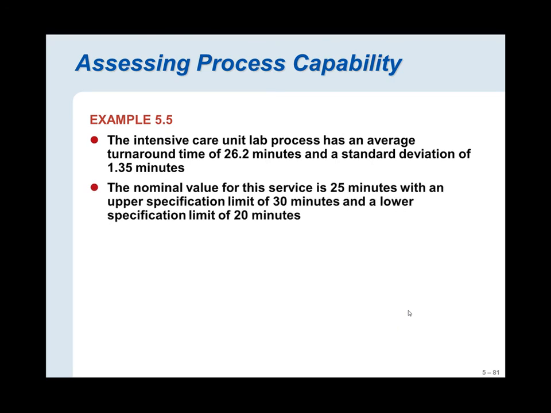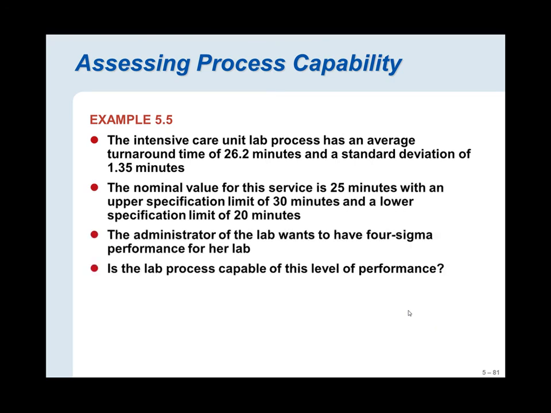Okay, now look at the example. In this example, the process standard deviation is 1.35. The process has an average of 26.2. The process has a nominal value of 25 with a tolerance of 5.